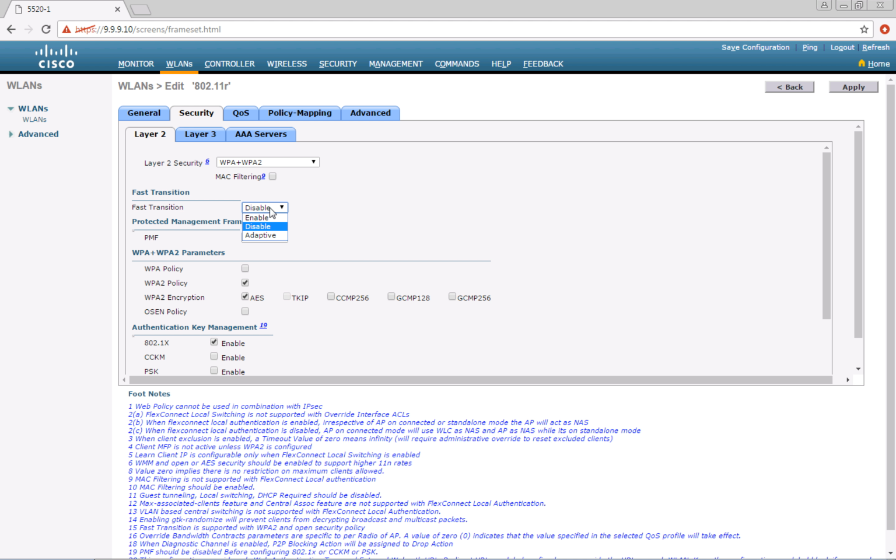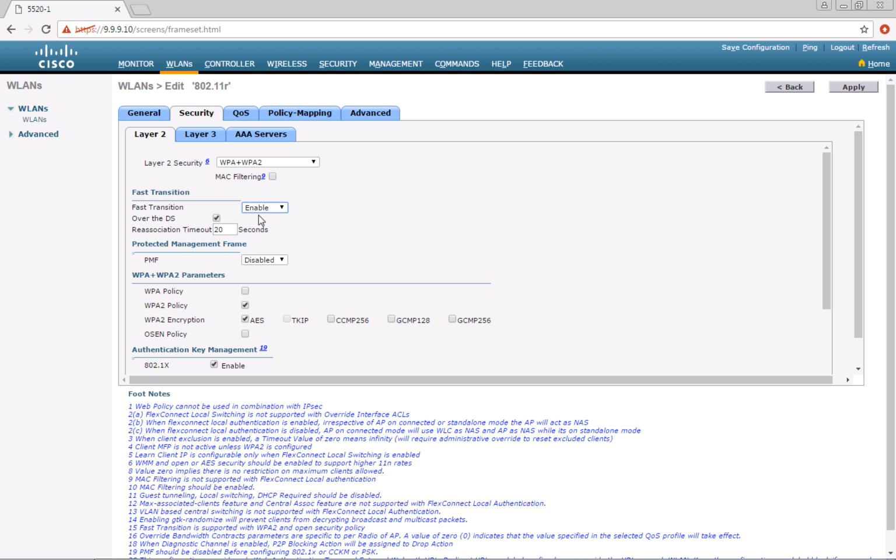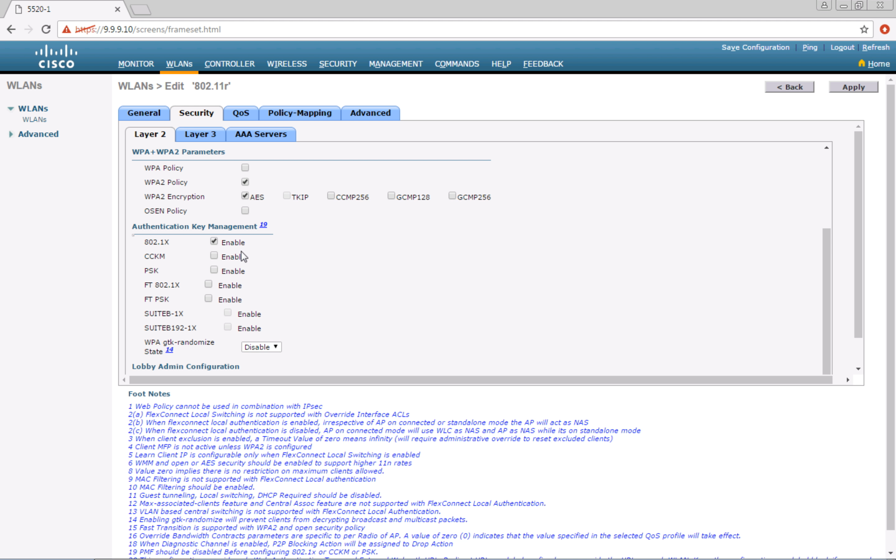Here is the next situation. I go ahead, enable it, right? Over the DS, over the air, we're going to talk about it later, but whatever, just leave something. And then go ahead and do a complete FT .1x. What does that do? That means that only FT capable clients can connect to this network, right?